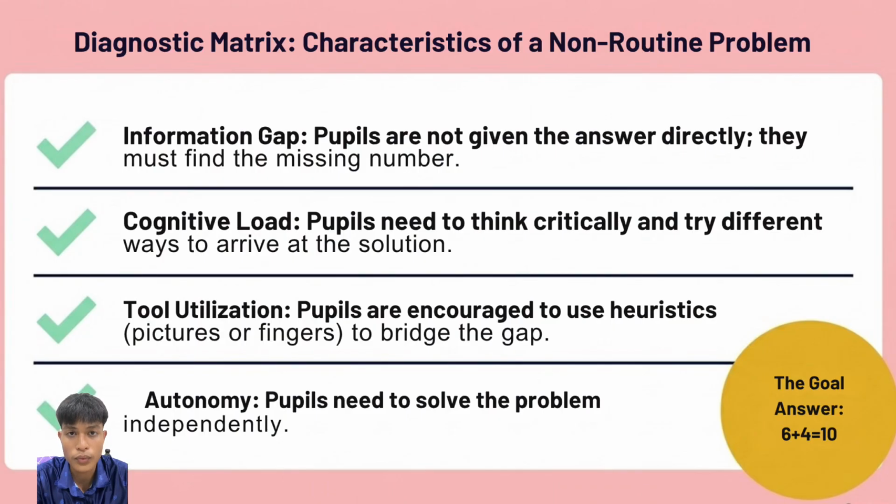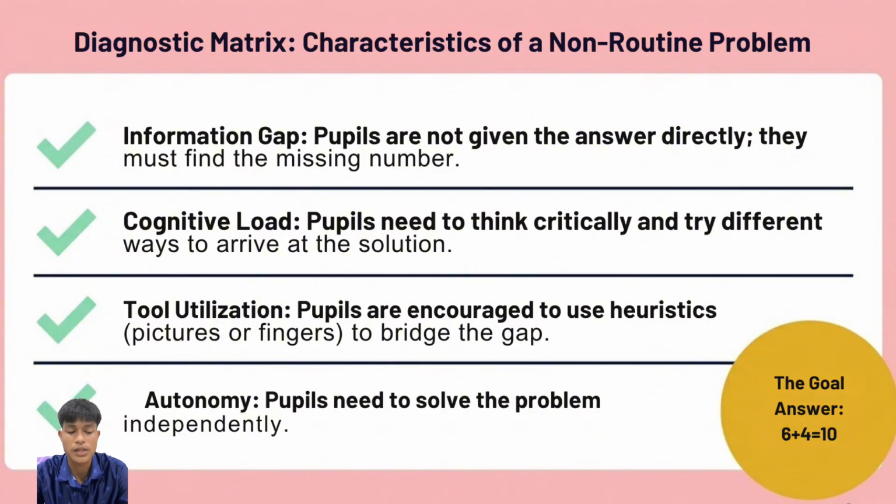Next, we move to slide 5, characteristics of non-routine problems. There are several characteristics of non-routine problems. First, there is an information gap. This means pupils are not given the complete answers directly. They need to identify the missing number by themselves.